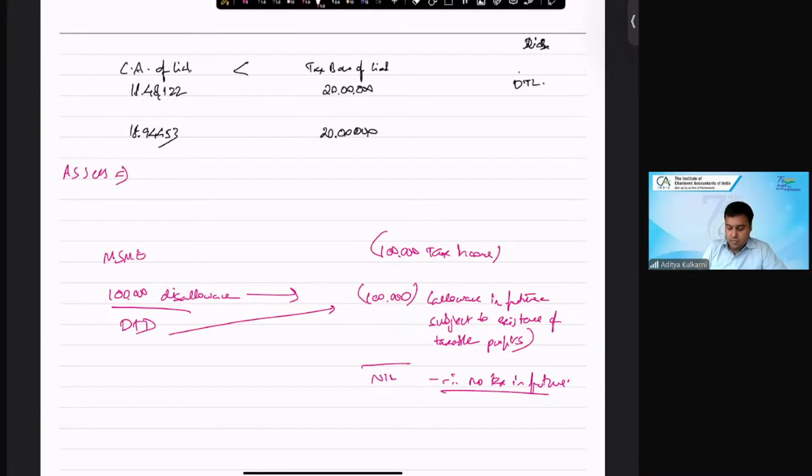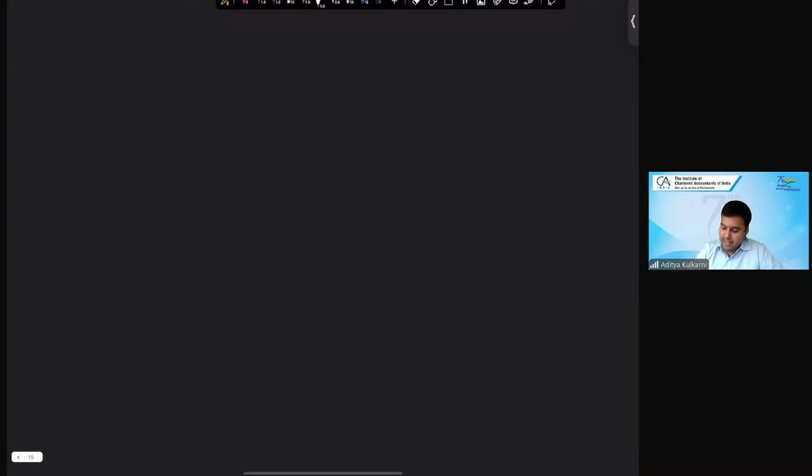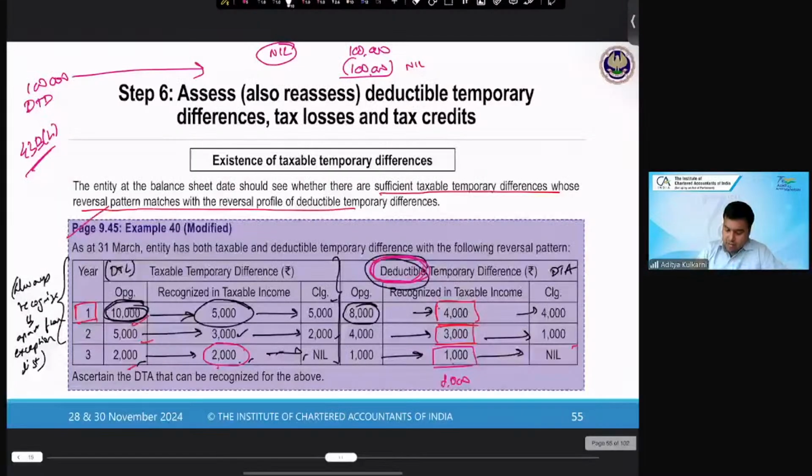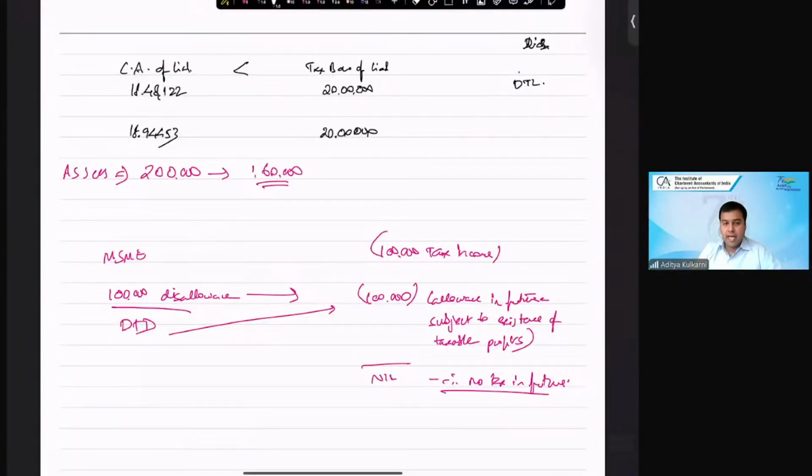The difference 2 lakhs in the first year fell down to 1,60,000 in the second year. 40, 80, 120, I'm just modifying it slightly. So I have a taxable temporary difference of 2 lakhs, out of which 40,000 is getting reversed in the next year. That means 40,000 will be an amount that will be added to your taxable profits. Yes or no?